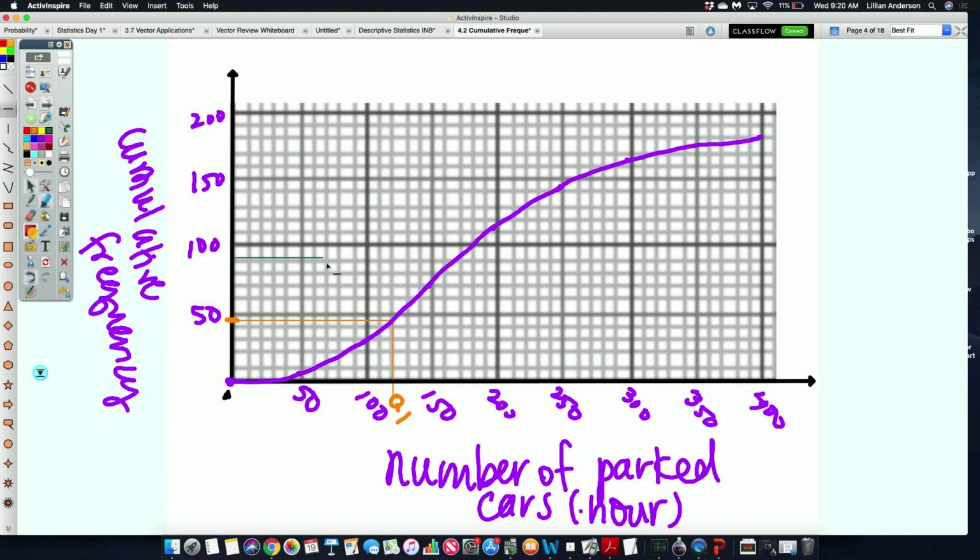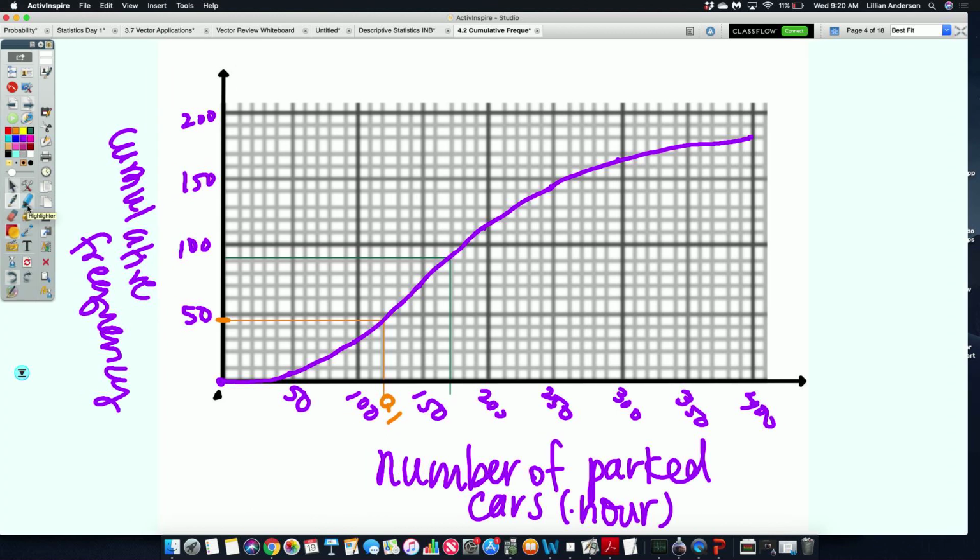I draw a horizontal line over to where it hits my curve, and then I draw a vertical line down. That point on my x-axis is my median. So for me, it will be 170. For you, it should be somewhere around 170, if you put your points in the right places.